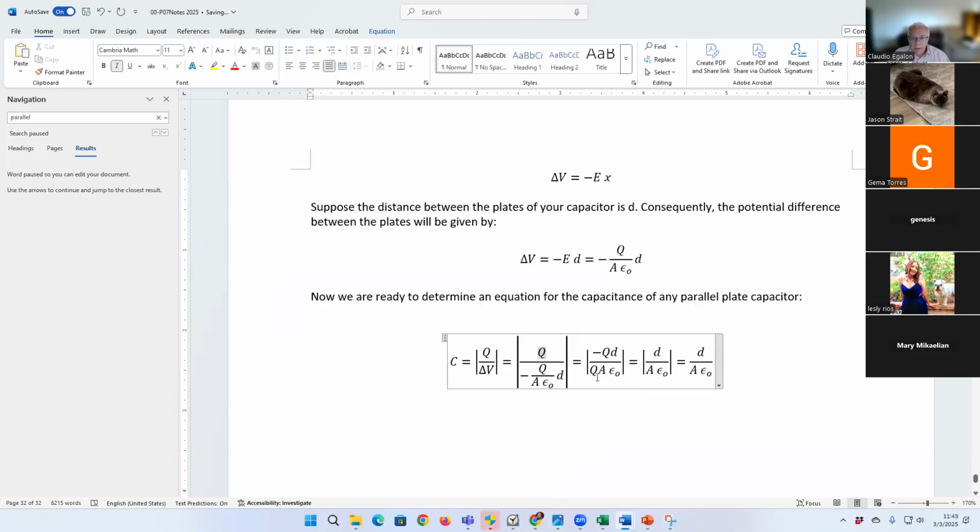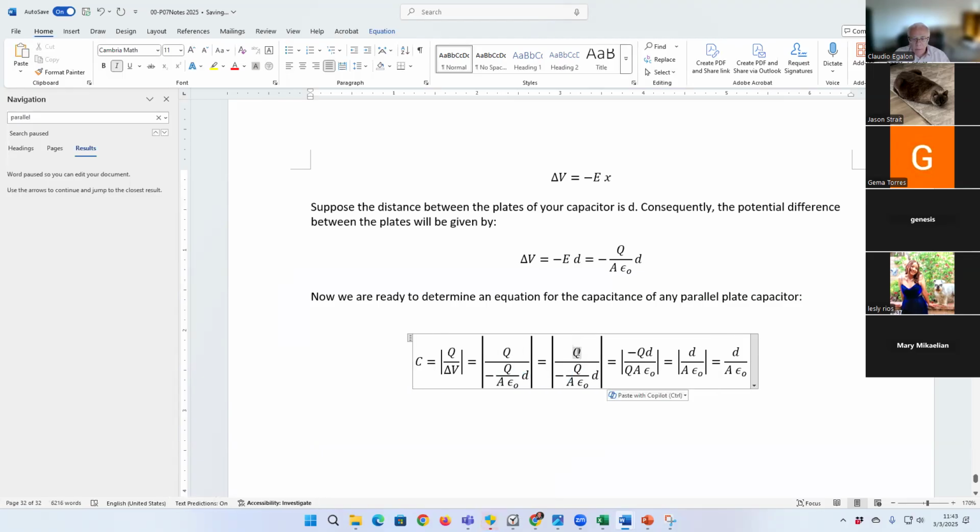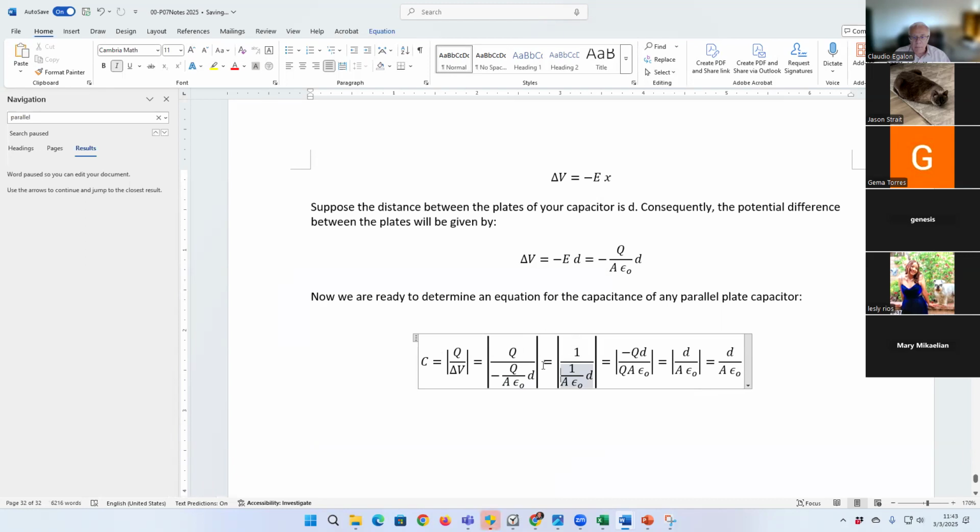And now the Q cancels out with the Q, 1 and 1. The negative sign disappeared because we're doing the modulus here.